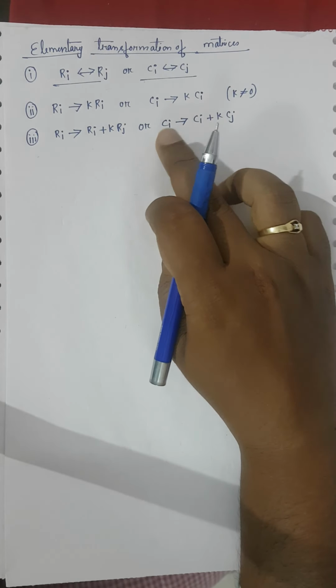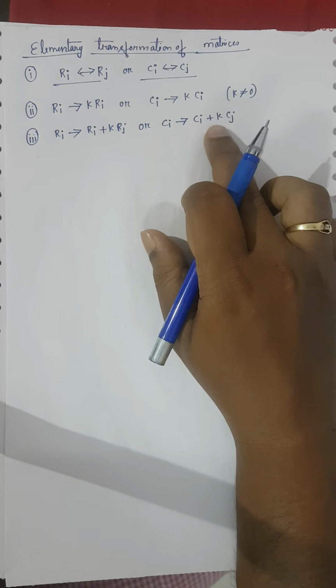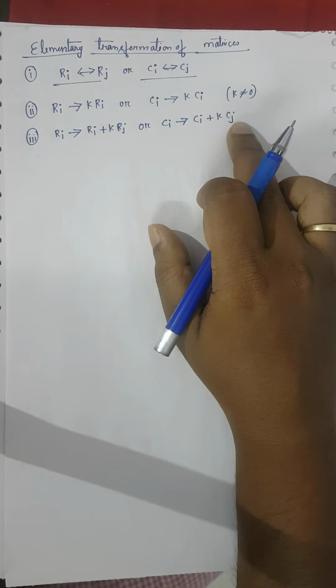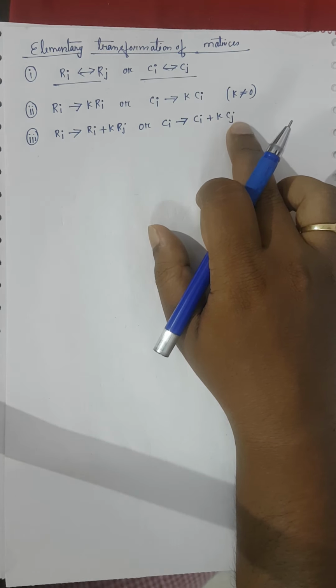Similarly, Ri is transformed into Ri plus k into Rj. We have multiplied the elements of Rj by a constant k and they are added to the elements of Ri. So these 6 are the elementary transformations of matrices.